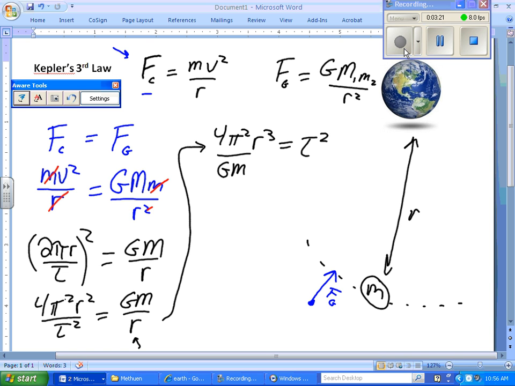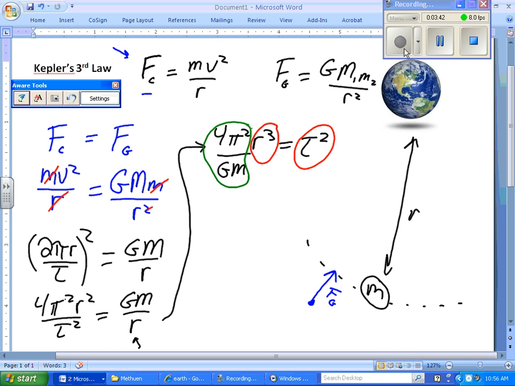Look good? And so then I have a working relationship between the distance that something's orbiting from and the period of its revolution. So they're going to be proportional. They're going to be proportional by this factor, 4 pi squared over G times M.